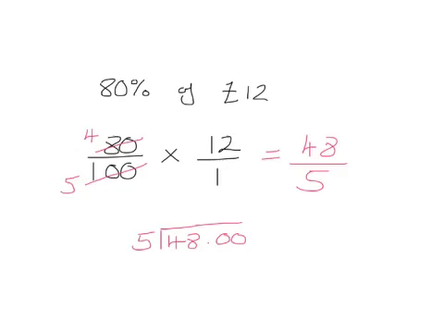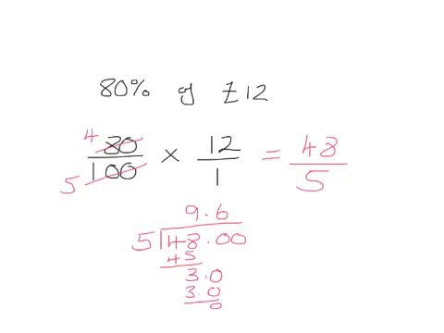So I'm going to say that 5 goes into 48, it goes in 9 times, 9 5s are 45, it leaves me with 3. I'm going to bring down my next digit, not forgetting to put in my decimal point. I'm going to say that 5 goes into 30, well that goes in 6 times, and 5 6s are 30, so there is nothing left over.